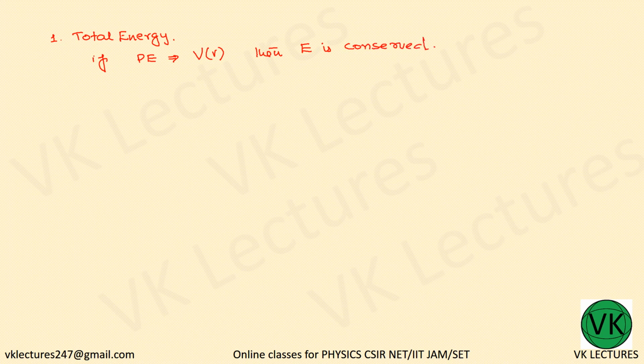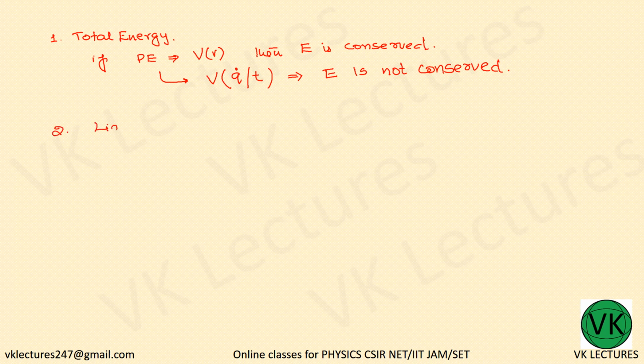Now if potential V of r is a function of either q dot or t, that means the velocity or time, then total energy is not conserved. So this is another idea.